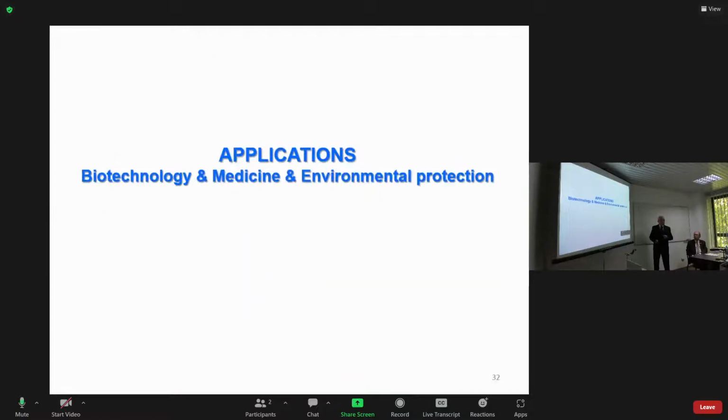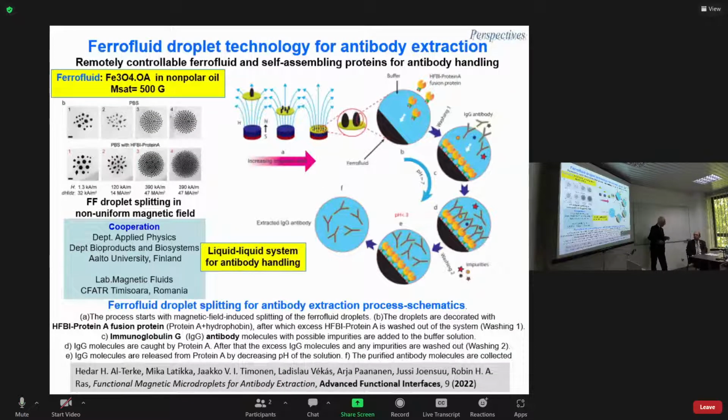Now, some applications shortly. All of the applications which fit to our meeting used our nanomaterial, magnetic nanoparticles and clusters, and colleagues, usually from abroad, use them in various processes. One is the handling of antibodies, actually separating antibodies.